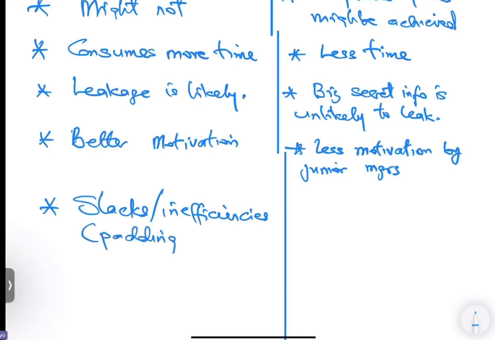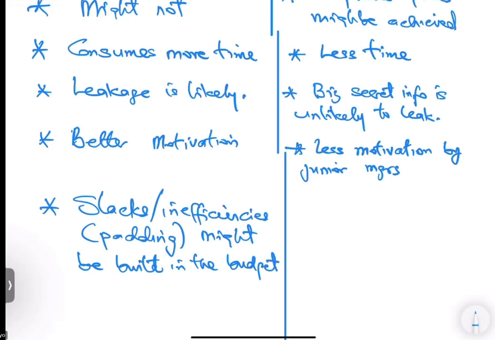All this just means that you are not setting ambitious budgets. All of these might be built into the budget. Very unlikely here, because remember, the budget is coming from the senior guys.